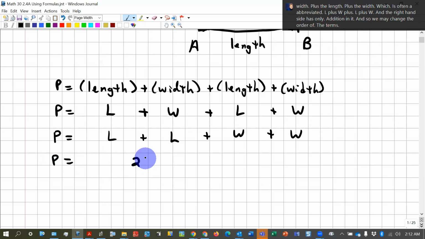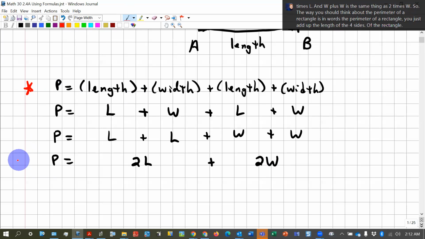And L plus L is the same thing as 2 times L. And W plus W is the same thing as 2 times W. So the way you should think about the perimeter of a rectangle is in words. The perimeter of a rectangle, you just add up the lengths of the 4 sides of the rectangle.